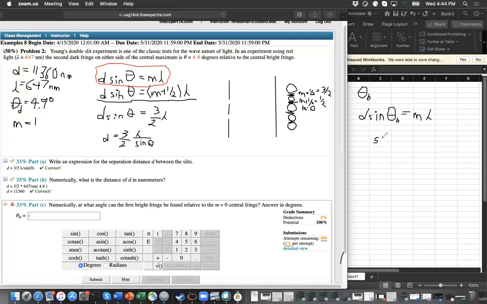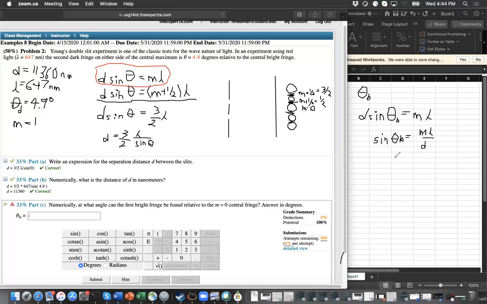So the way I generally approach these is I first figure out what sine of theta b is. For that, you just divide through. So that's going to be m lambda over d.